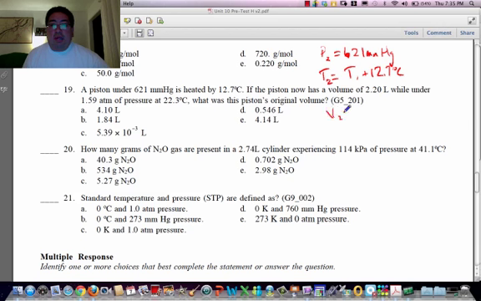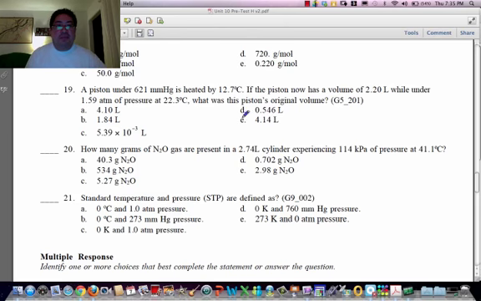And if the volume is 2.20 liters, hold on, I messed this up. Let me start over. He worded this so weird. Anyway, for this one, so we have V1, P1, and T1, and V2, P2, T2.